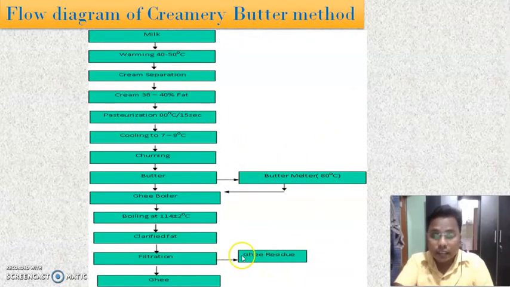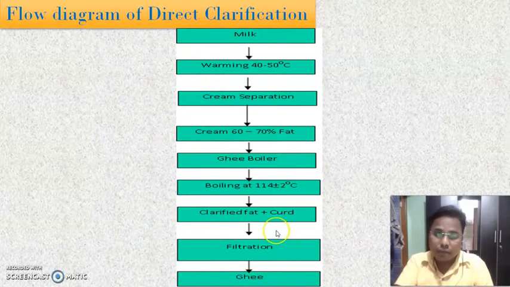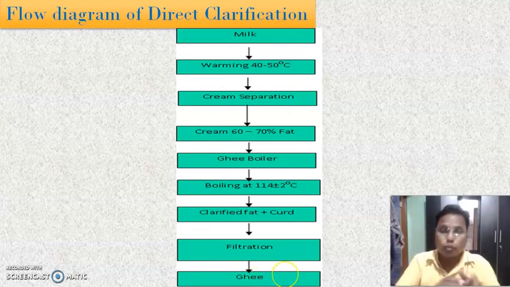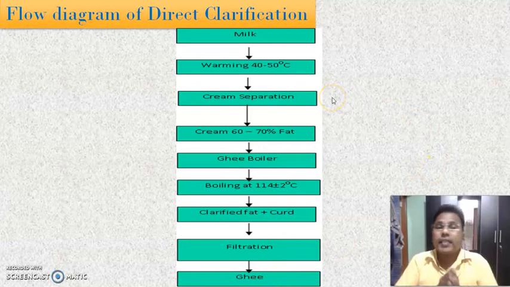So over the filter we will get the ghee residue or the curd particles, and the filtrate that we get in a separate container is called the ghee. So in this way, by the direct clarification method, ghee is prepared.